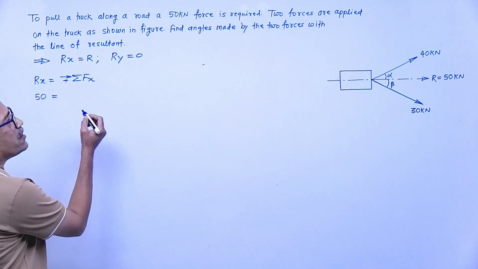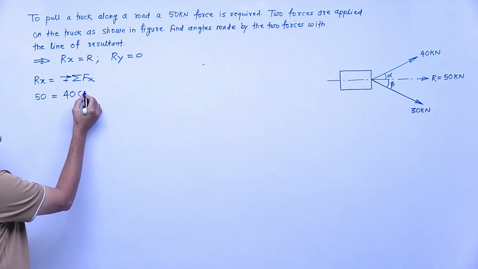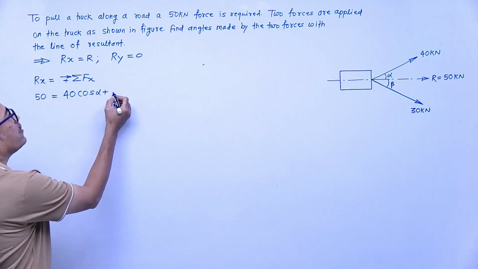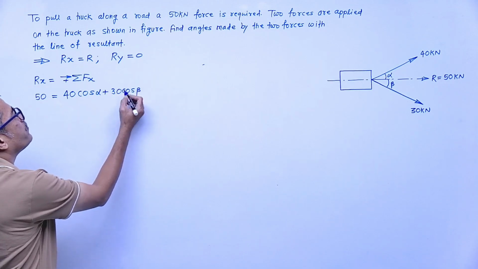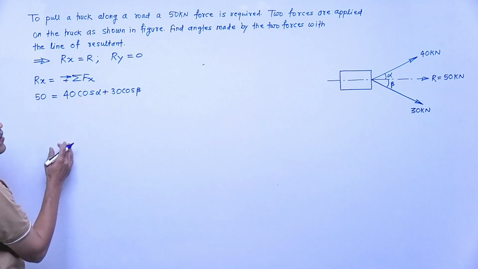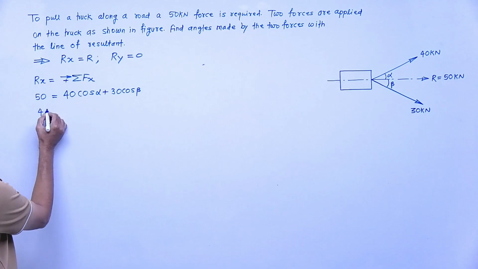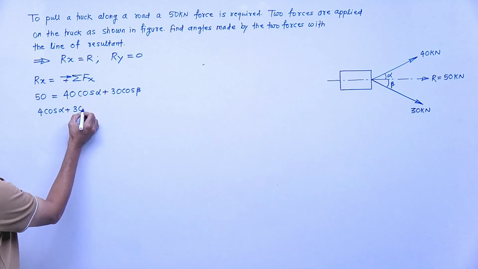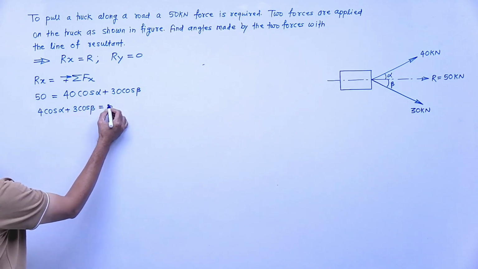Means this equation becomes 40 cos alpha plus 30 cos beta. If we divide by 10, it becomes easy. That means I can write here 4 cos alpha plus 3 cos beta equal to 5.